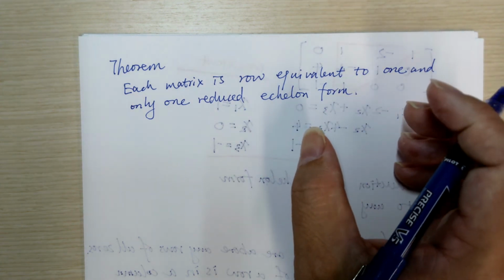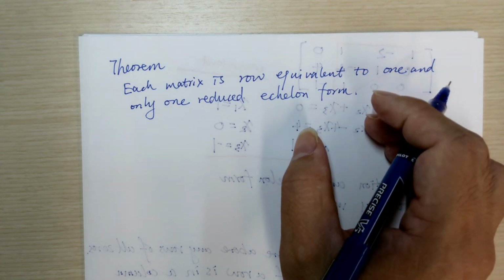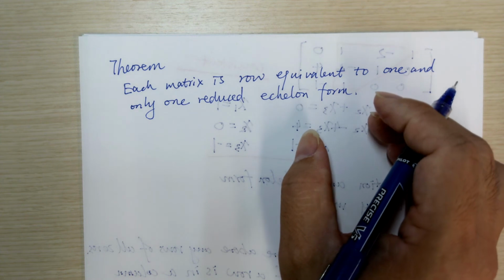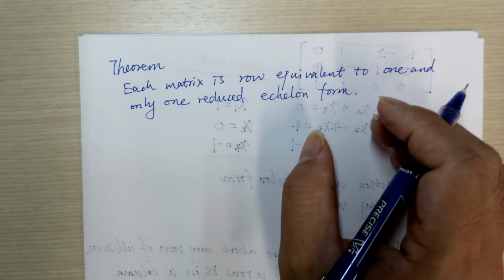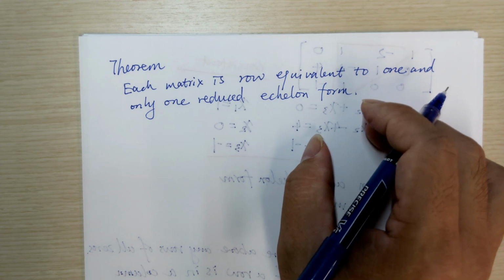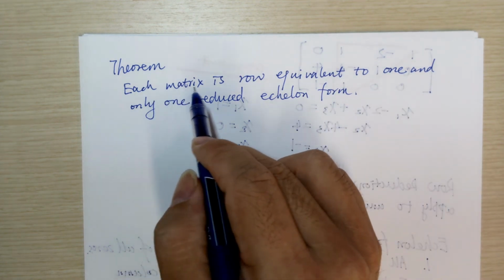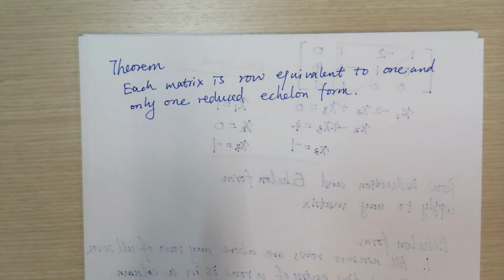But if you continue to do row operations all the way to the very end, the reduced echelon form is unique. Okay, very important.